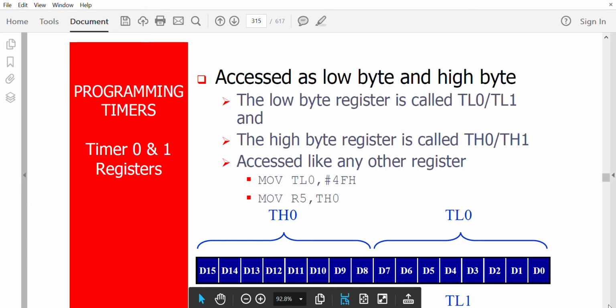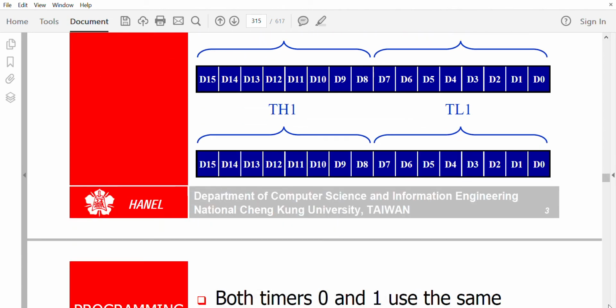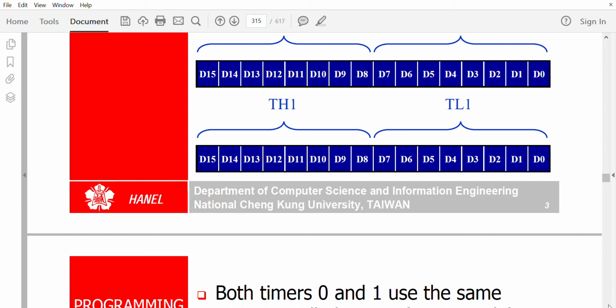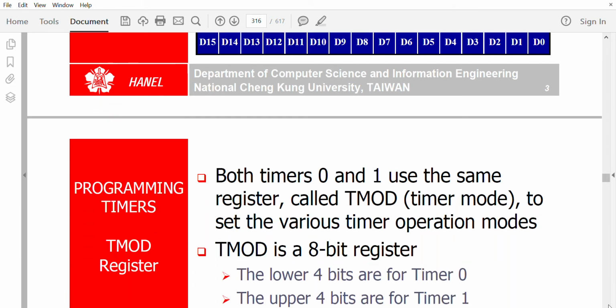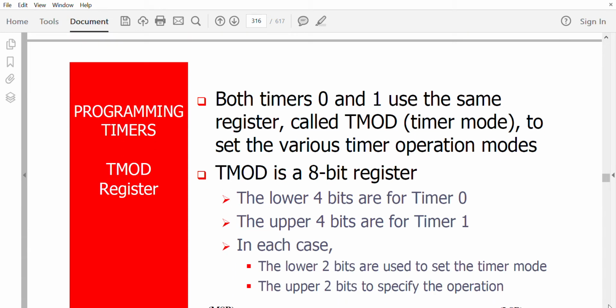So you can use TL0, TH0, TL1, TH1 just like a register inside an instruction. You needn't only refer to it as a 16-bit register. You can use it as 8-bit registers.